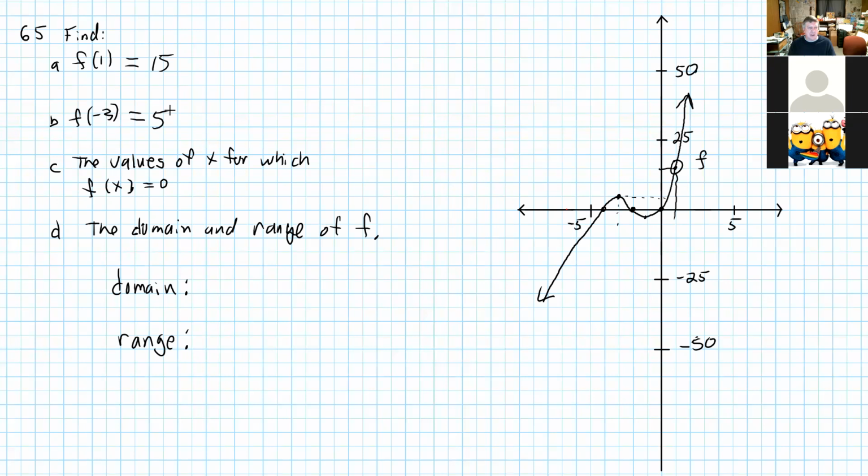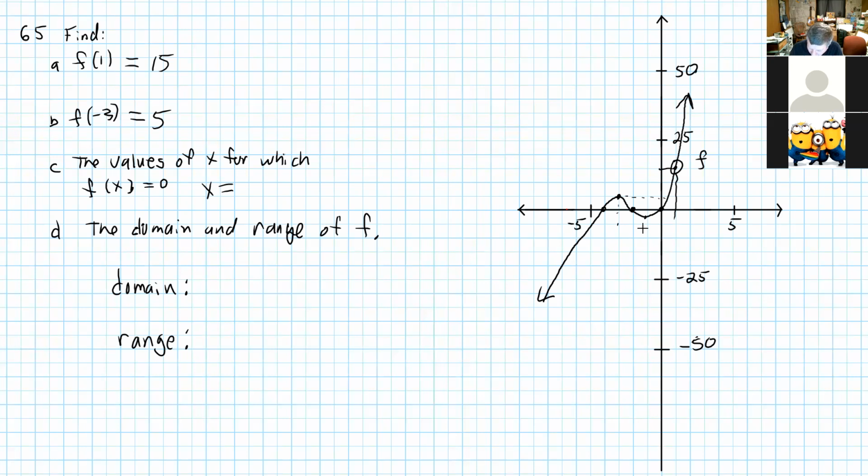Now, the values of x for which f of x is 0. What points on that graph have a y value of 0?